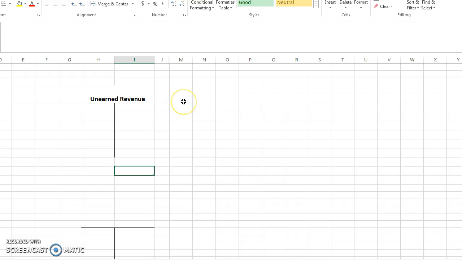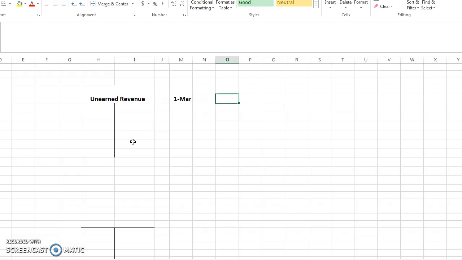The problem tells us that we received $900 on March 1st, and that's to cover rent for 3 months. So the rent will cover all of March, all of April, and all of May. On March 1st, we are going to record an entry. This is not the adjusting entry. This is just capturing the event of the cash receipt.